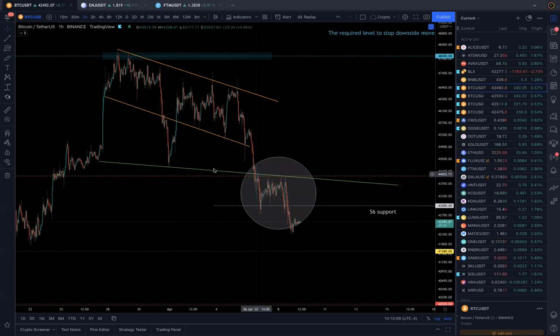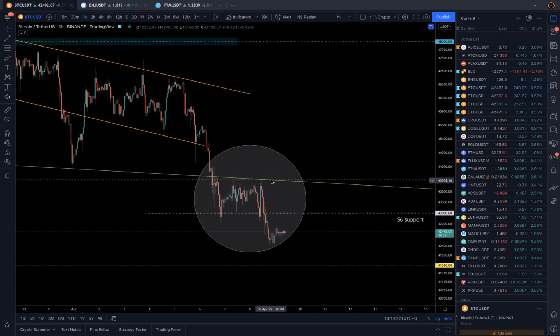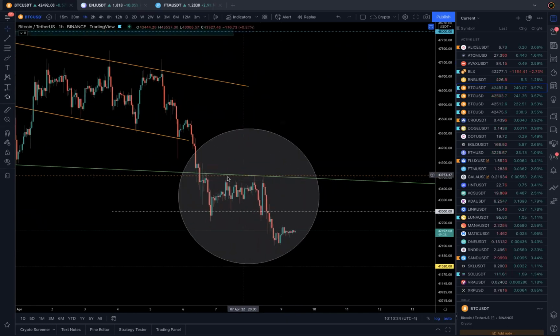When the breakdown happened yesterday, it stopped by S6, bounced, multiple bounces. If you look very closely, all were rejected by the same green line, right? And then the consolidation happened between these two lines, and it broke below, right?